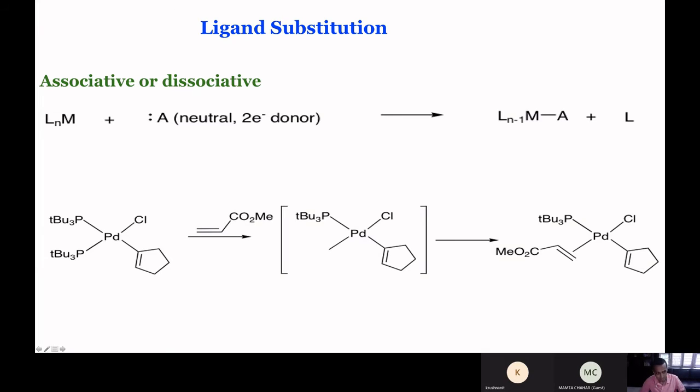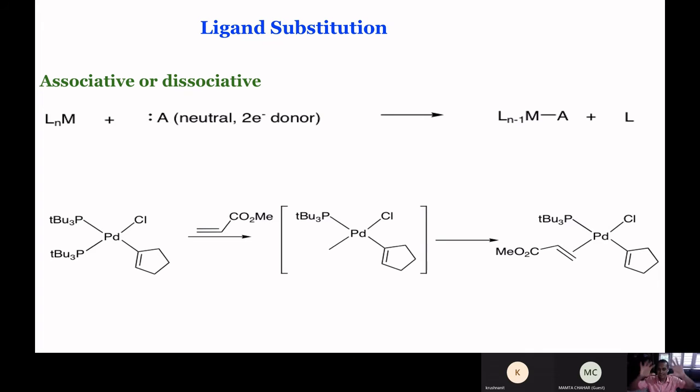Dissociative mechanism is the one where, before the external ligand comes and joins, one of the ligands is already dissociated and then the external ligand joins. Let me try to explain one more time. So you have a metal center. As I said, the metal center itself is not always possible to stay by itself.